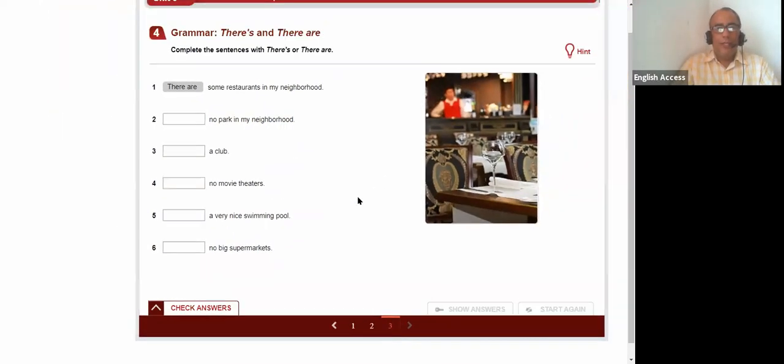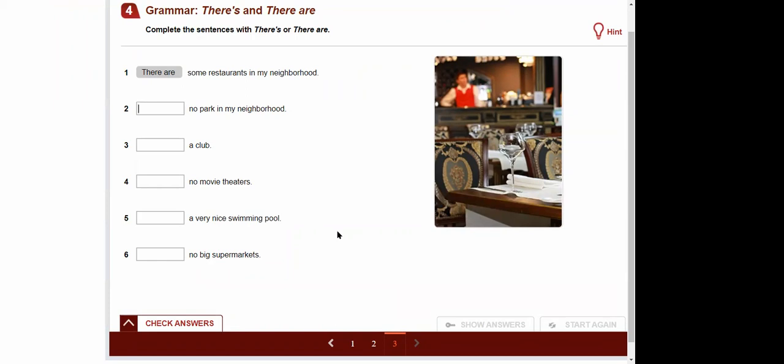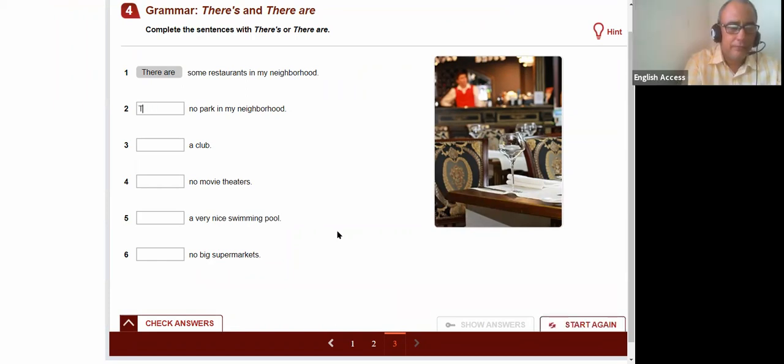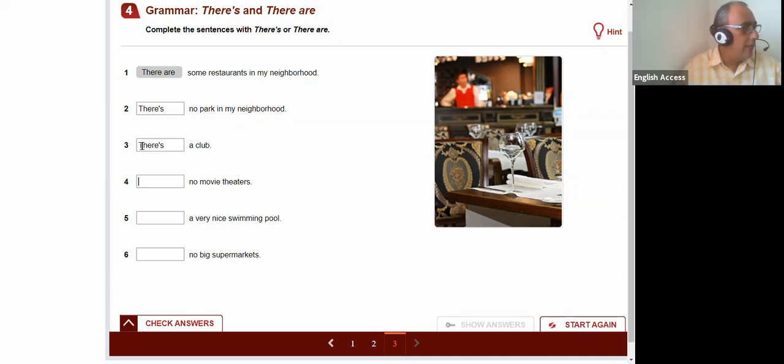Now we need to complete the sentences using there is or there are. Number two. What is the correct? There is, or there's, or there are? There's no park in my neighborhood. Exactly. There's no park. Number 2. There's a club. Number 4.